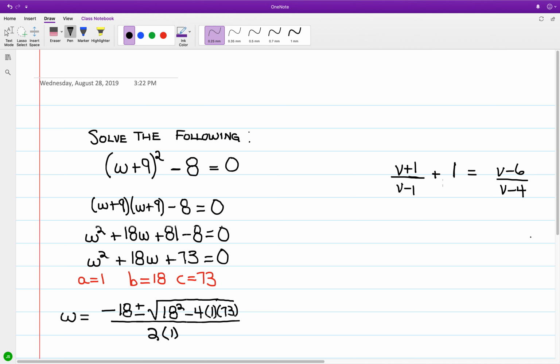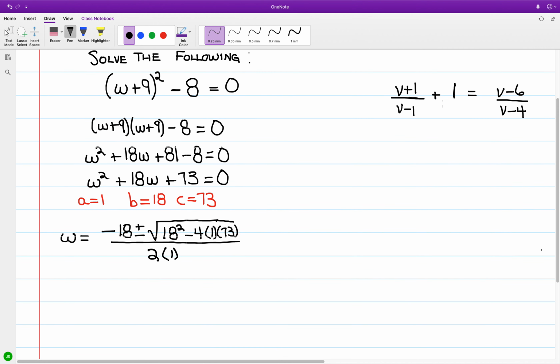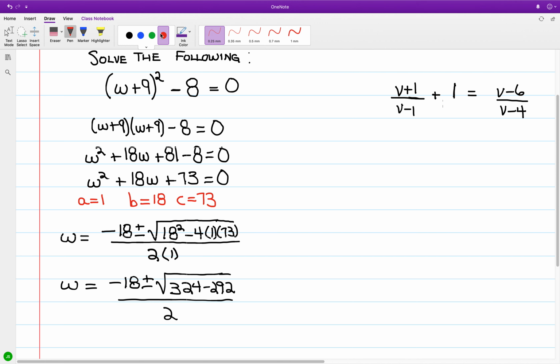As we get closer to solving for w, we're going to have a couple of irrational roots, it looks like. So for w, we have negative 18 plus or minus the square root of 324 minus 292, all over 2. In the radical, 324 minus 292 goes to 32.